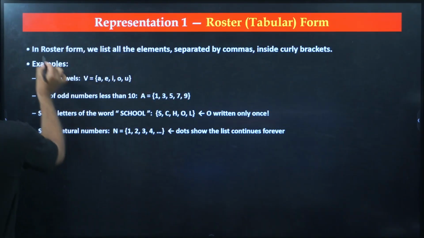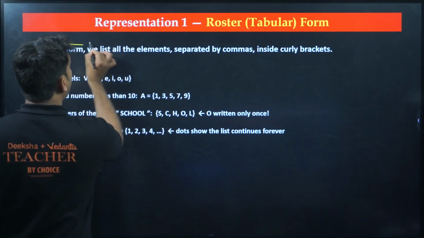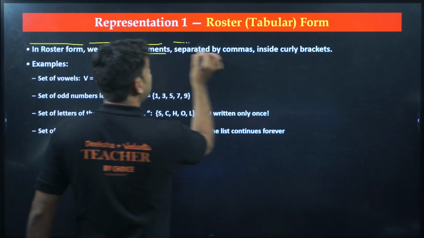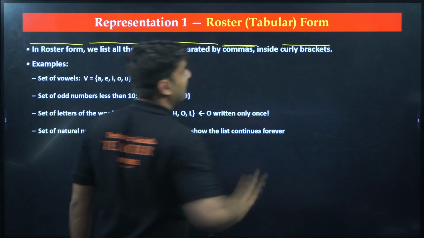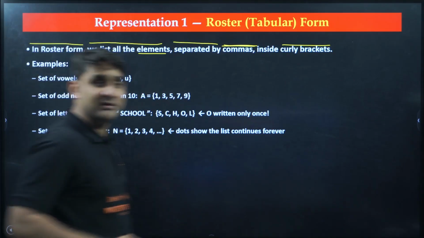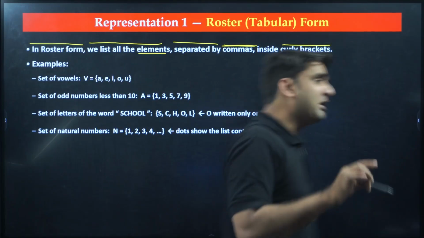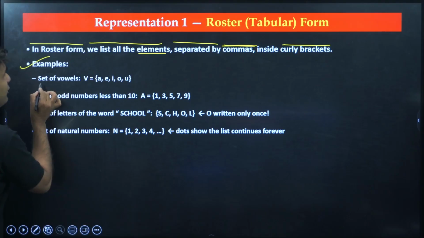Okay, listen. In roster form, we list all the elements separated by commas inside curly brackets. Right, everyone? There must be commas. For example, the set of vowels.